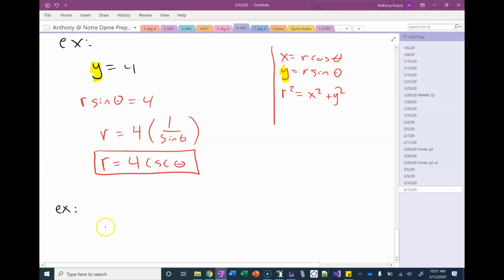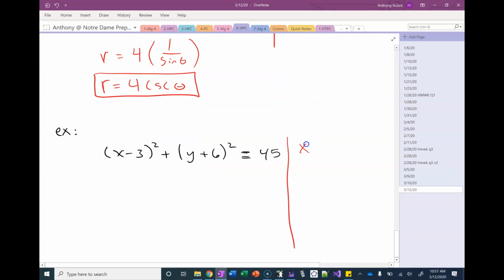Let's try something that's a little less trivial. So let's take this Cartesian equation. Again, write down those 3 equations that we might need to use. What do you think we should do as a first step here? I heard somebody mumble something, but I couldn't really hear.